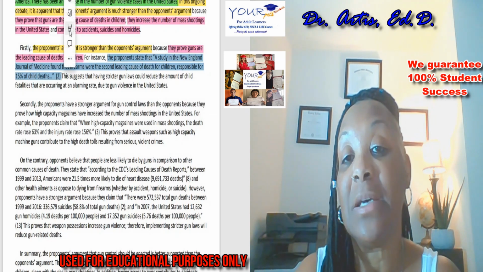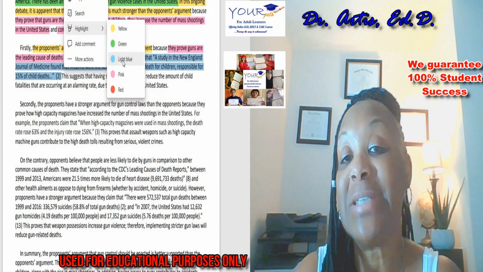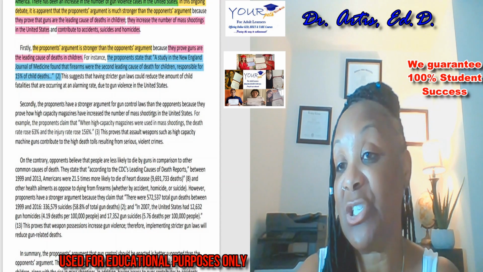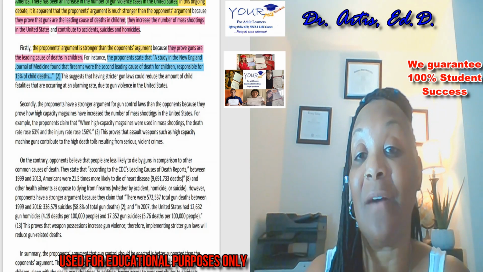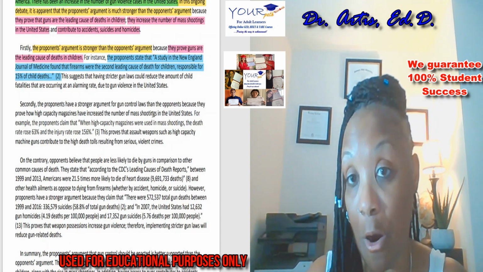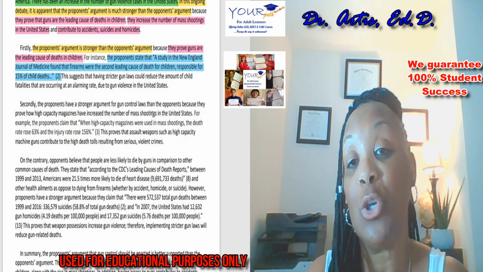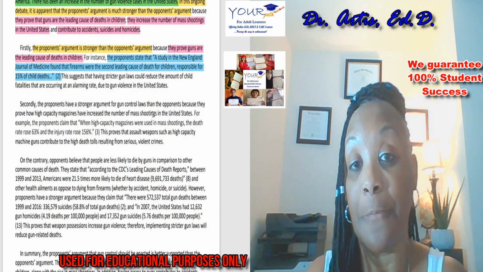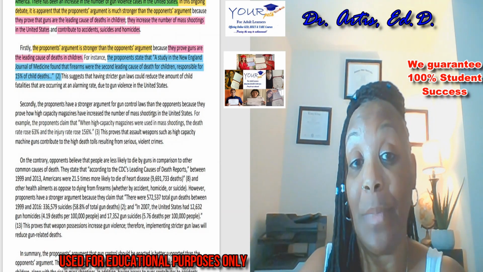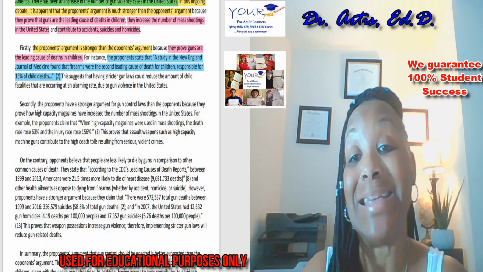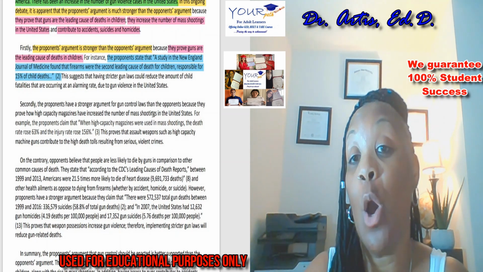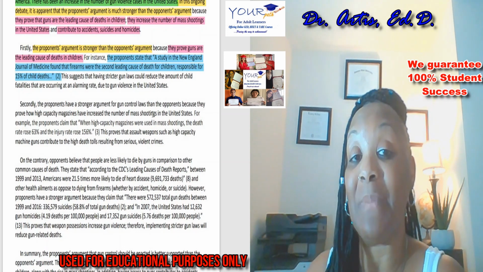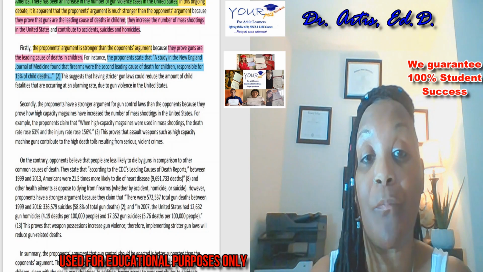As you see, her textual evidence is in quotation marks, letting me know as the evaluator that this is textual evidence that she took directly from the article, okay? So she has to use quotation marks to indicate that to me. She also used a citation, putting the number 2 in parentheses, letting me know where that information can be found in the text, and it can be found in paragraph number 2, okay?